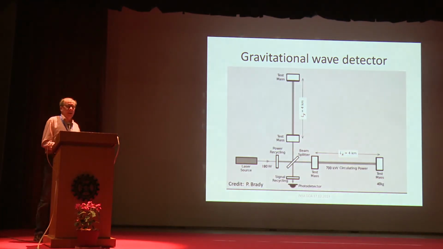It turned out that the detector capable of detecting gravitational waves is a laser interferometer, which has a relatively simple principle. You have a laser that sends light. The light is split and goes into the arms, is reflected from the end mirrors, and then there's an interference which is monitored by the detector.